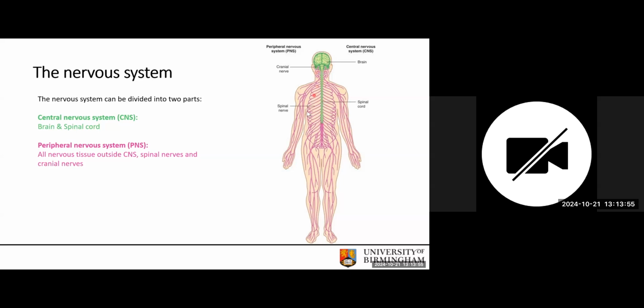And in the peripheral nervous system, we will have the spinal nerves and the cranial nerves, the nerves that will go and give the innervation to the muscles, to the skin, etc.